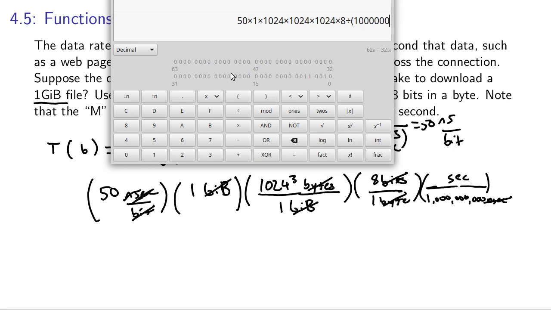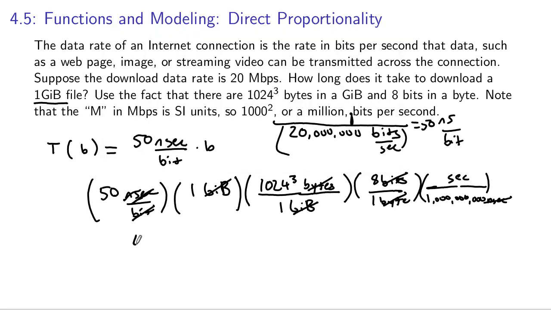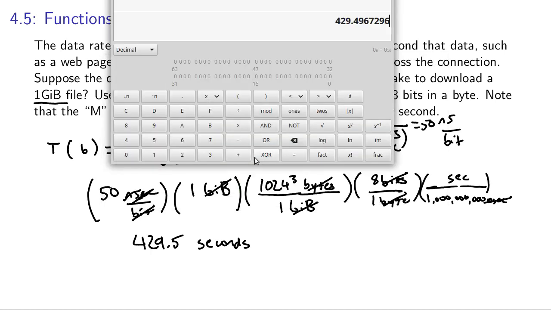And that gives us an answer. 429.5. We'll round it to 4 significant digits. 429.5 seconds. Now we could be done with it at this point, but we don't usually think about seconds when past 1 minute. So let's think about how many minutes and how many seconds this is.